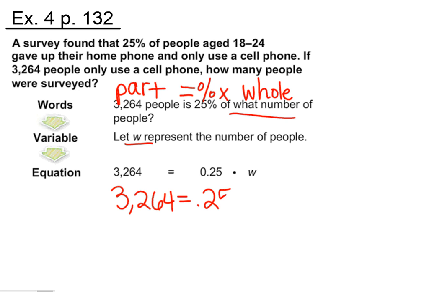by writing 0.25 W. To solve for W, we need to get rid of the number in front of it. So in order to get rid of the multiplication, I need to undo it with division. So I divide both sides by 0.25 using the inverse property of division.